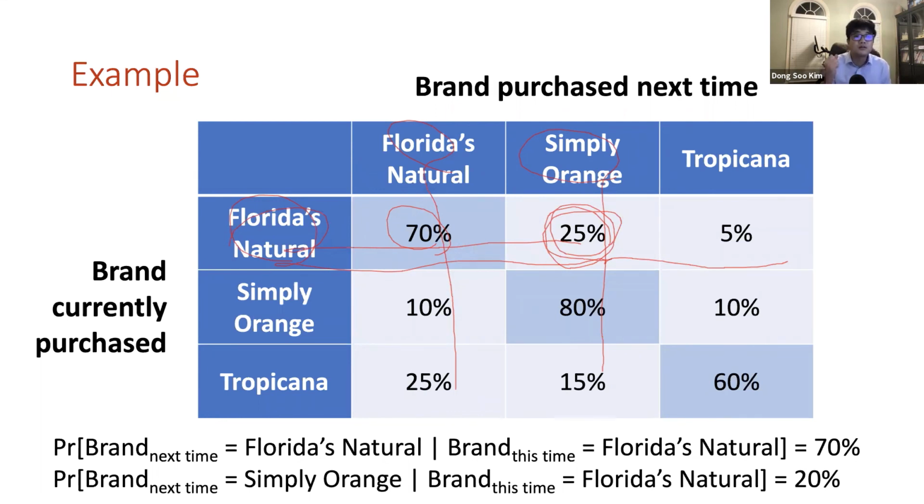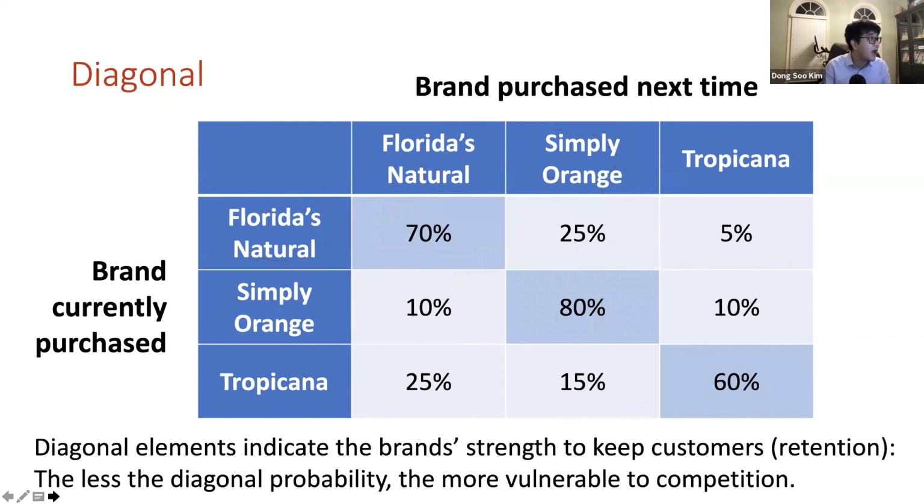So a transition matrix has two different types of probabilities in it. First, the diagonal element. For the diagonal element, the brand purchased next time is the same as the brand currently purchased.